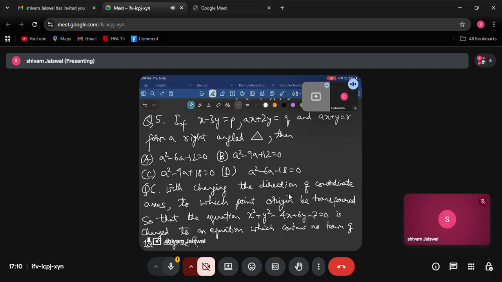Hmm? Option C is a square minus 4a plus 18. No, 9. 9, 9, okay. Not 4, 9. Done. I put it and thought it was 4. Done. No. Okay.